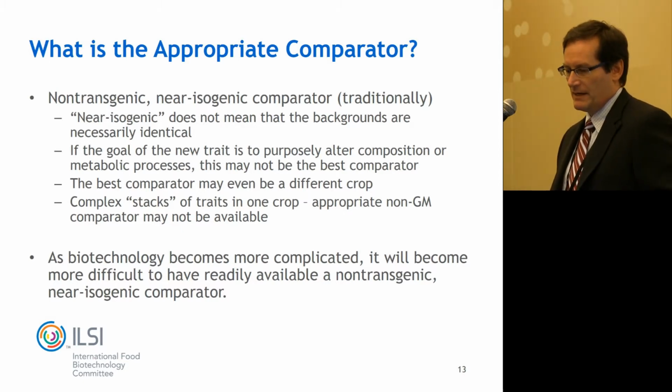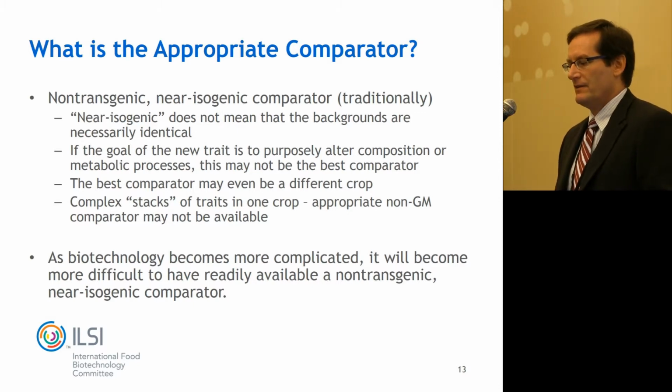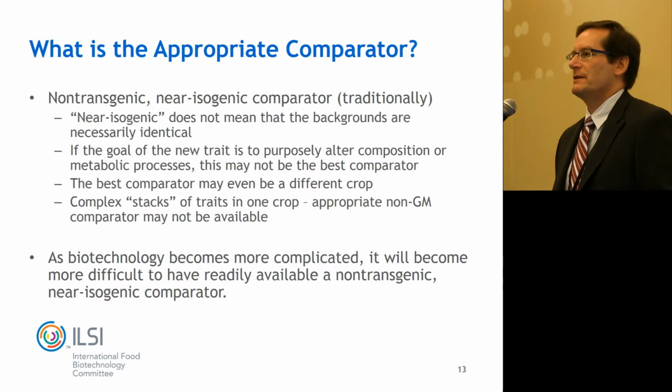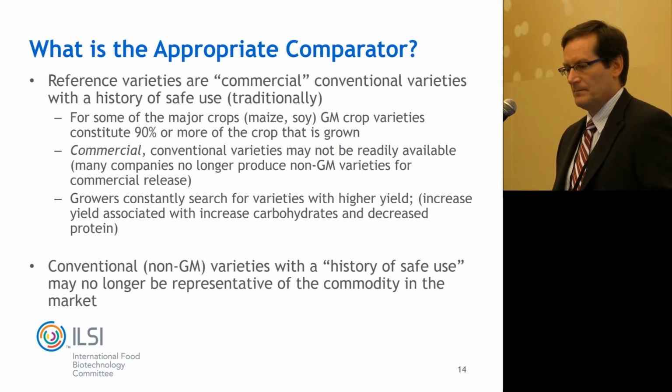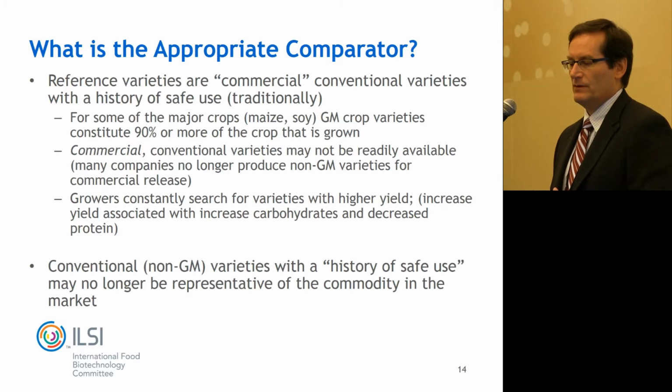And it was recognized in the workshop, as we start working with complex stacks of traits and how those are integrated, the appropriate non-GM comparator may actually not be available for these direct comparisons. So these reference varieties are commercial, conventional varieties that have a history of safe use.